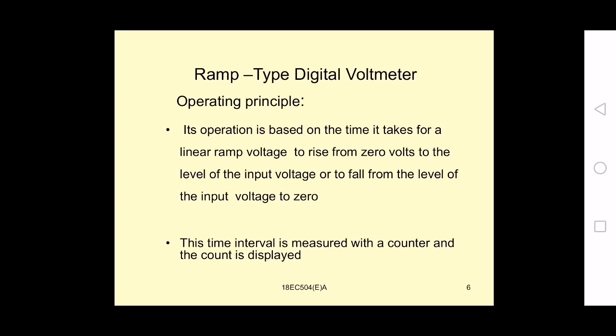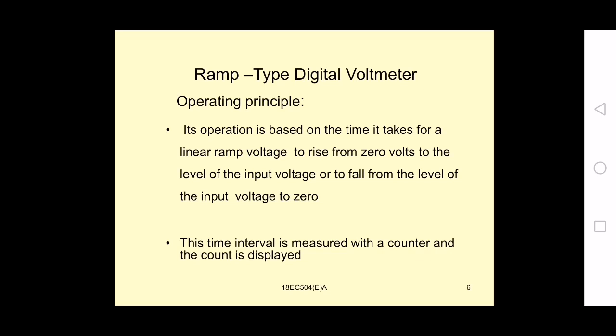So you can measure either the time for the ramp to rise from the 0 level to the input level, or to fall from the input level to the 0 level, using either a positive ramp or a negative ramp. Then you have to measure that time period.